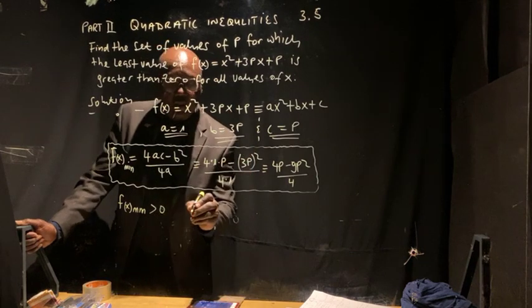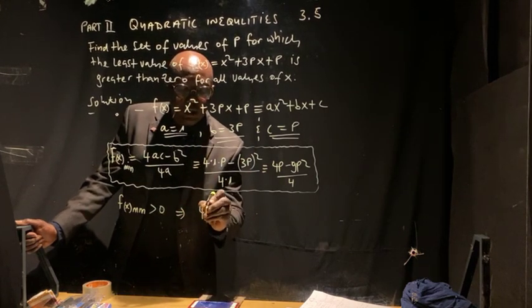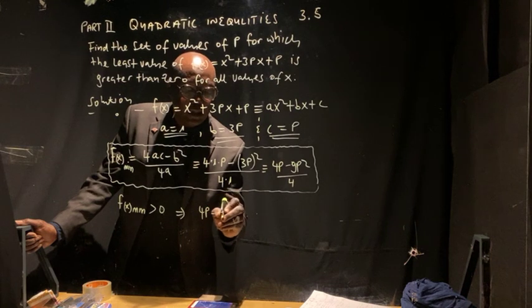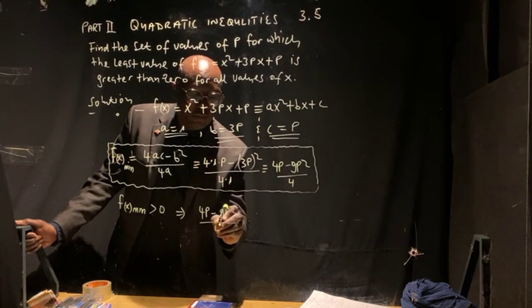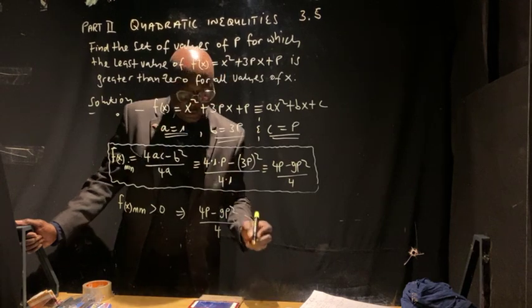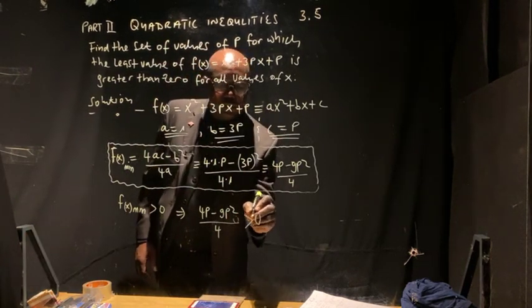In which case it becomes 4p minus 9p squared over 4 is greater than 0. Good.